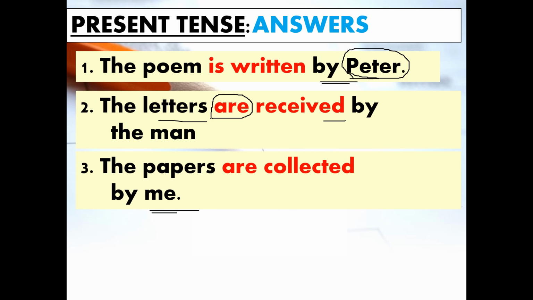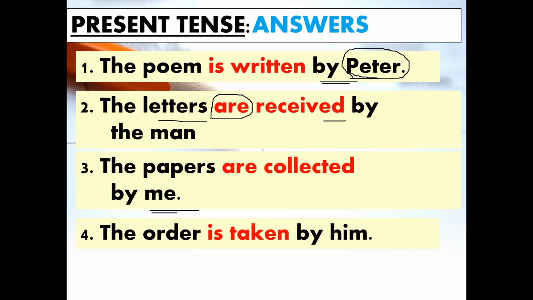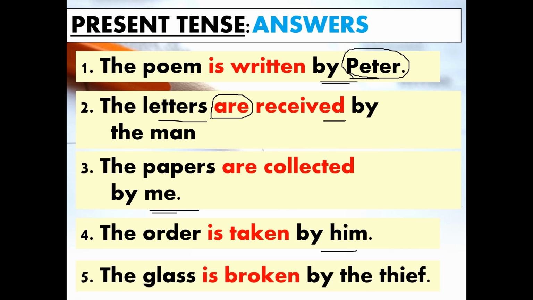Okay, so instead of using I, you are going to make it objective. So I will become me. And then next is the order is taken by him. So instead of using he, you will be using him. And then number 5, the glass is broken by the thief. I hope that you've got it all correctly.